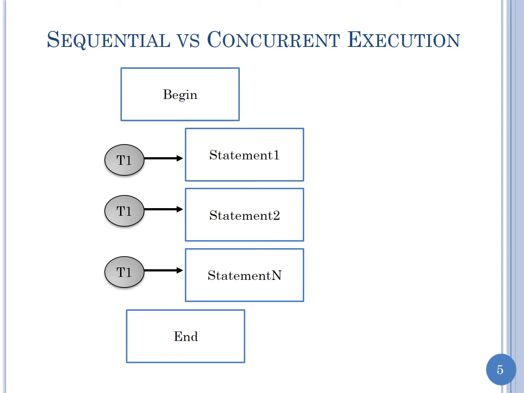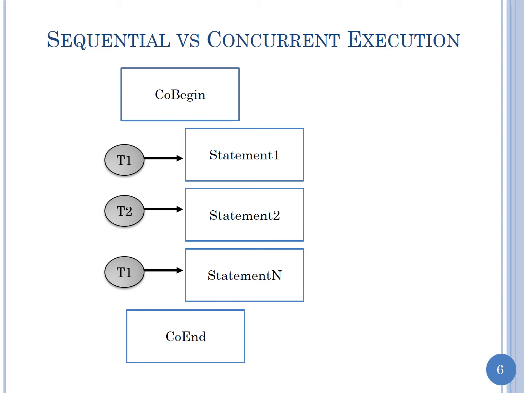Now we have a block with a bunch of statements, and the semantics are that each statement is executed in sequence by the same thread. So this is a sequential construct. And co-begin, co-end says that the statements can be executed in any order by different threads.